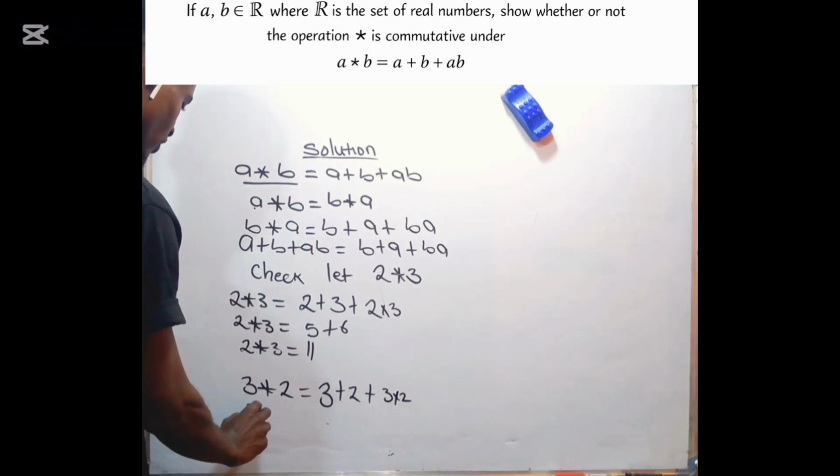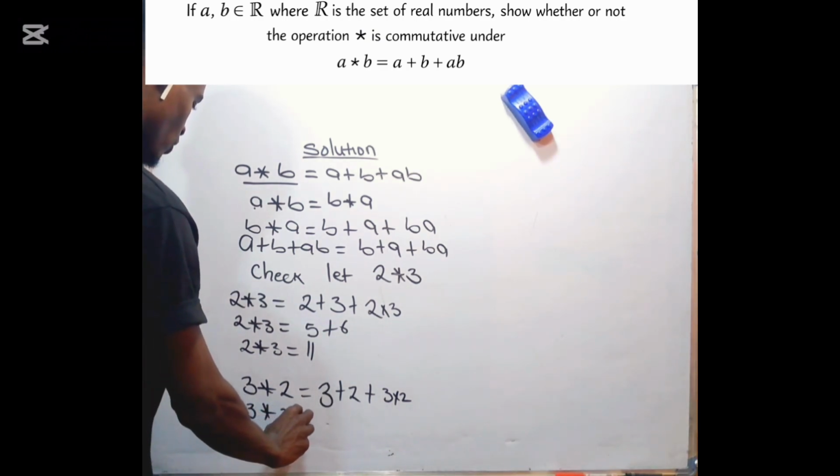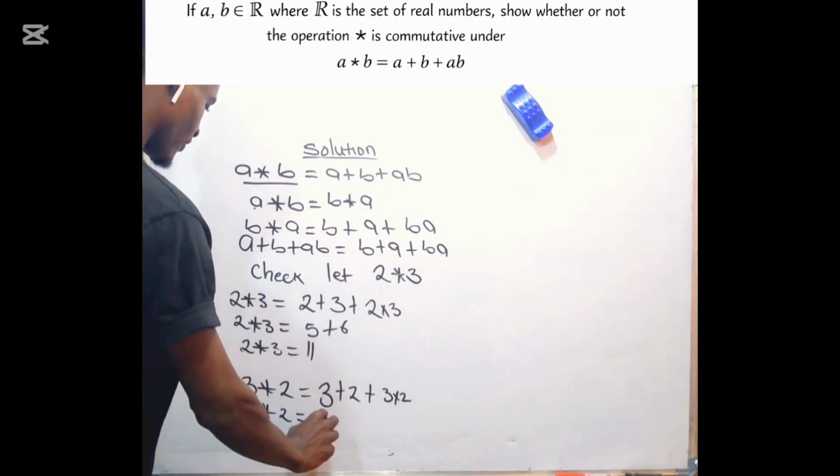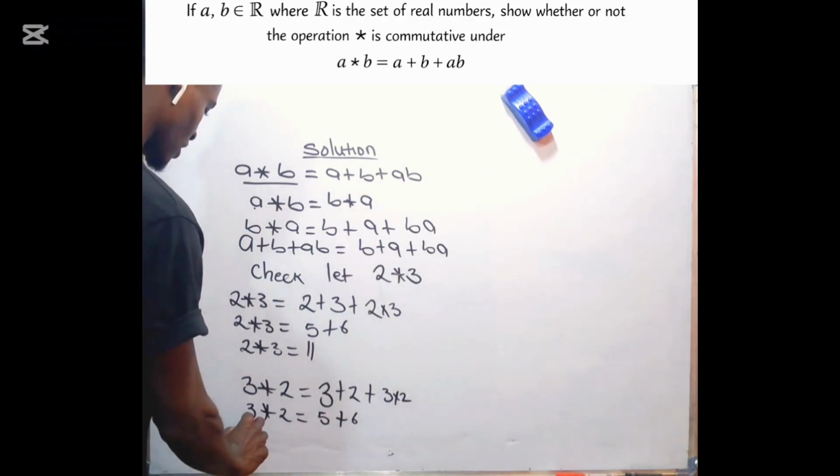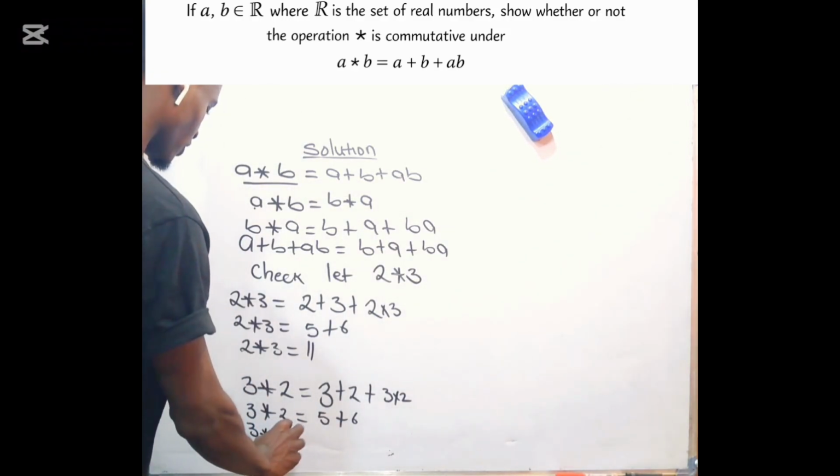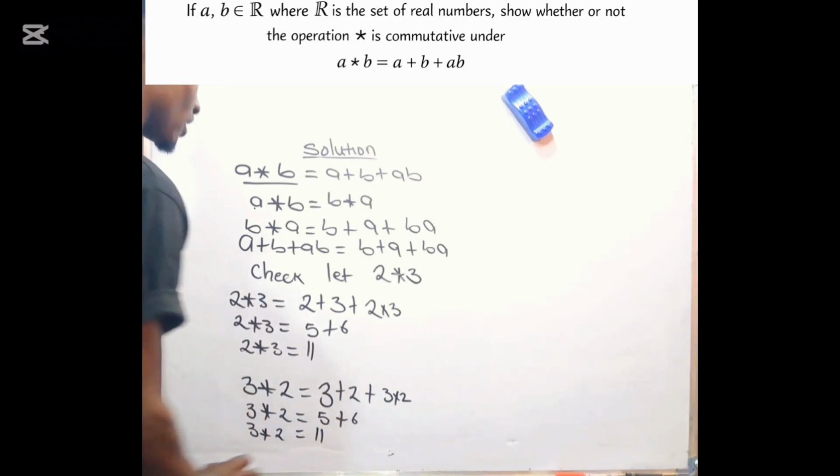That gives 3 asterisk 2 to be 5 plus 6. So 3 asterisk 2 is equal to 11.